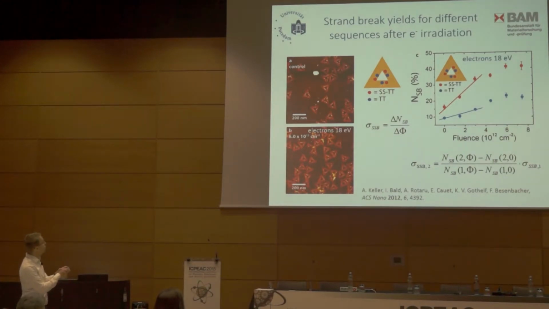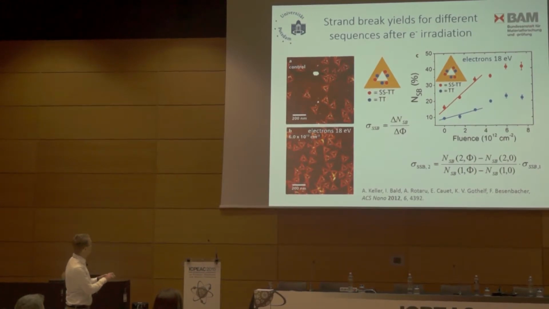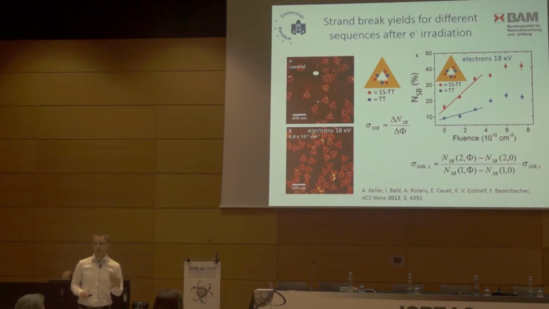We placed two different sequences on one of these triangular platforms, the blue sequences and the red sequences. This is a typical AFM image of a control sample before irradiation, and another AFM image of a sample that was irradiated with electrons of 18 eV.